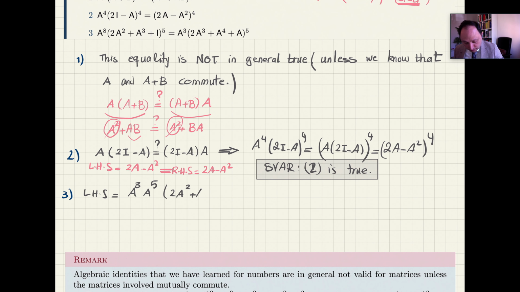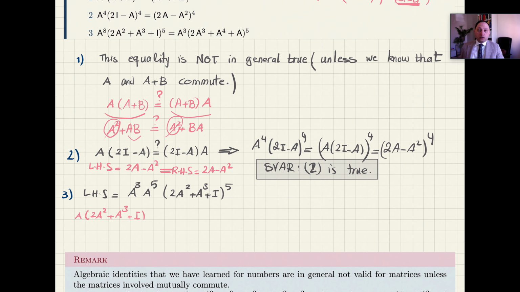Can you tell me now? Then we have to check if a and 2a squared plus a cubed plus I is commutative. Exactly. So we need to check, because now there is a common power here. I want to put the power here and multiply these two matrices.